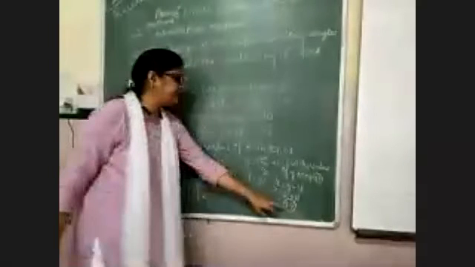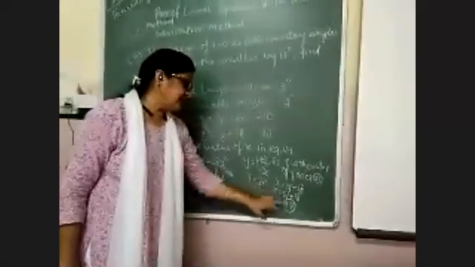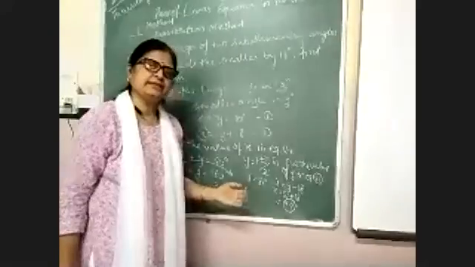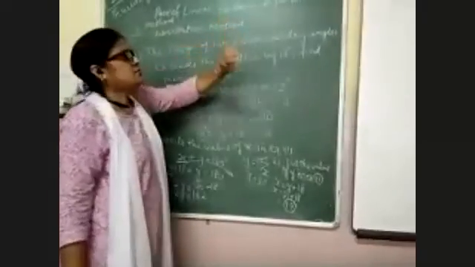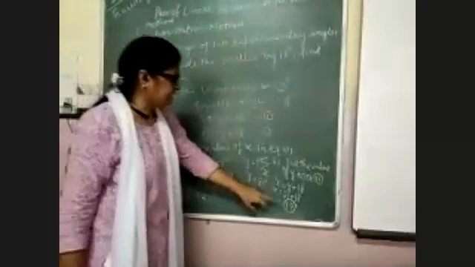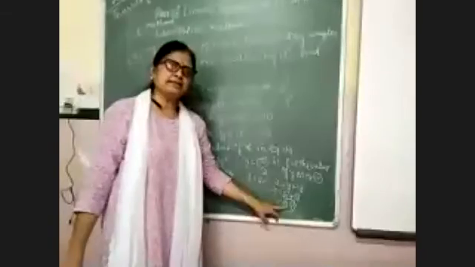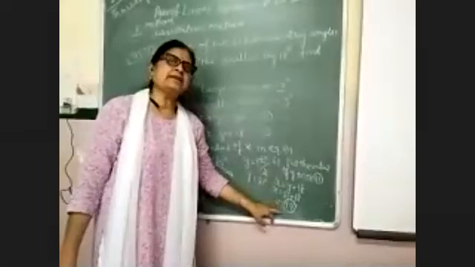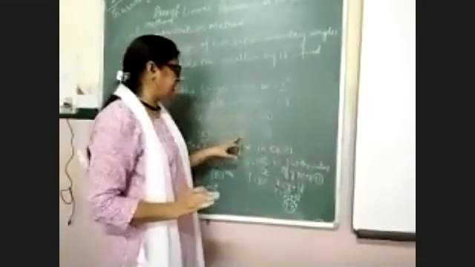Check this question also. Is your answer right or wrong? These two angles, x and y, their sum is equal to 180 degree. Supplementary angles are those angles whose sum is 180 degree. So check this also: 81 plus 99, your larger angle is 99 degree, and the larger angle is greater than the smaller angle by 18 degree.